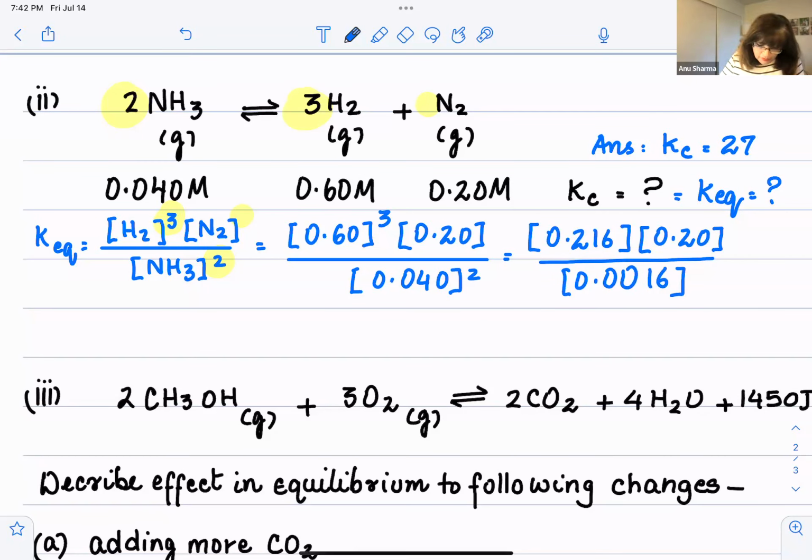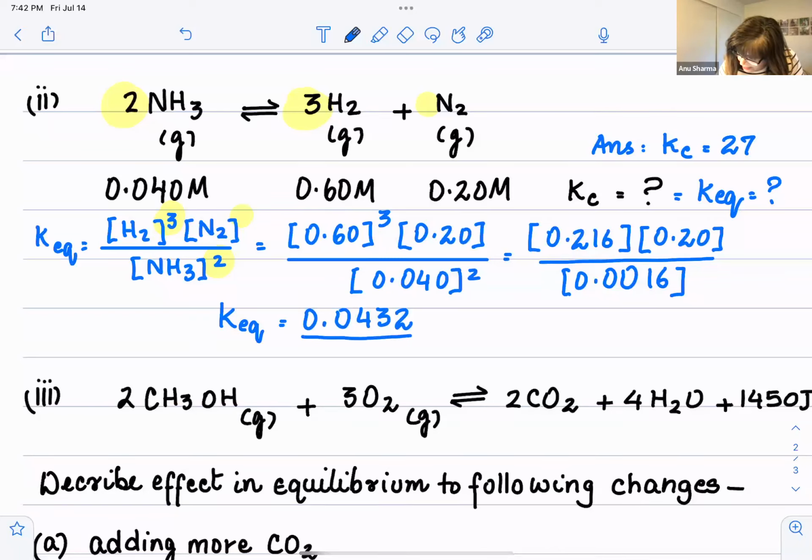Okay, so 0.216 times 0.20 is equal to 0.0432. Divide that by 0.0016, and this is equal to 27. So Keq is 27.